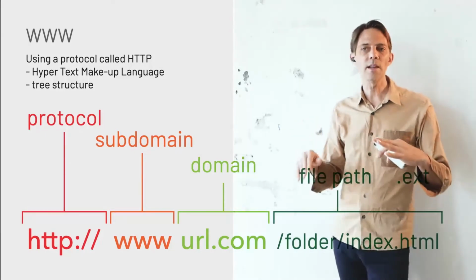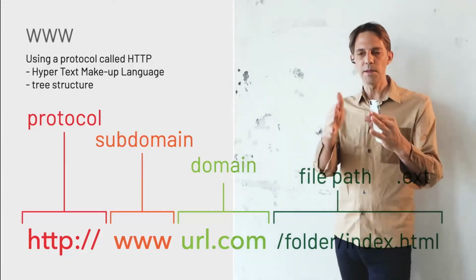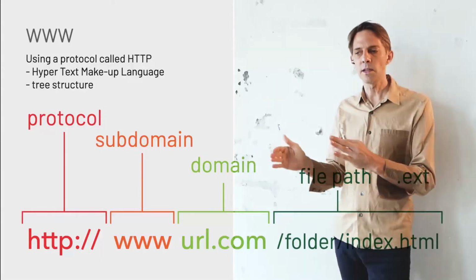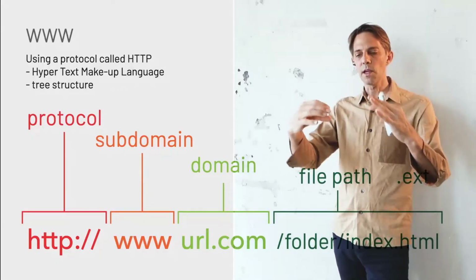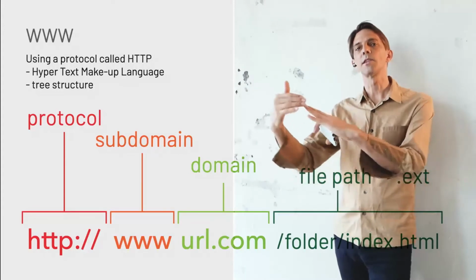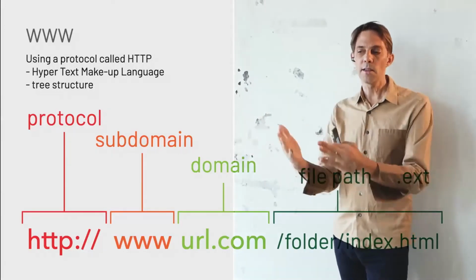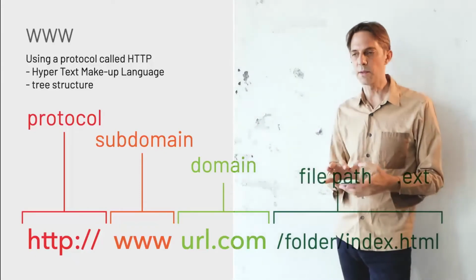And then there could be folders inside your server, and sort of a tree structure where it goes down from folder to folder to folder. Every time you put a /, it goes into the next folder. That's another reason why you don't want to have // in your names, for example, because that could be confusing for the server. So that's the file path.